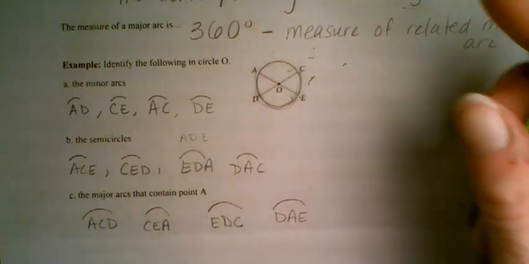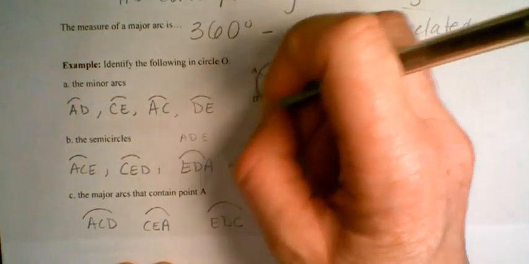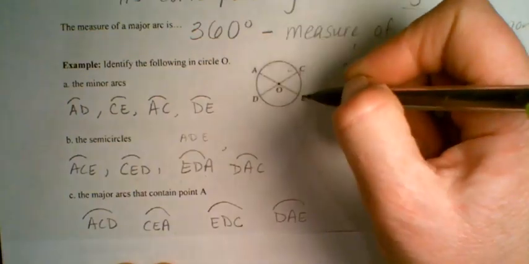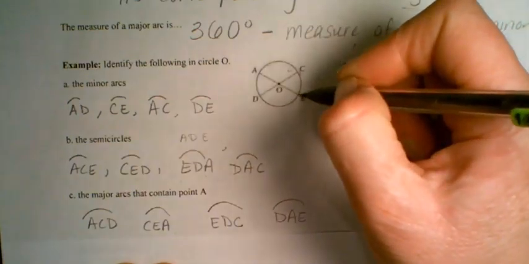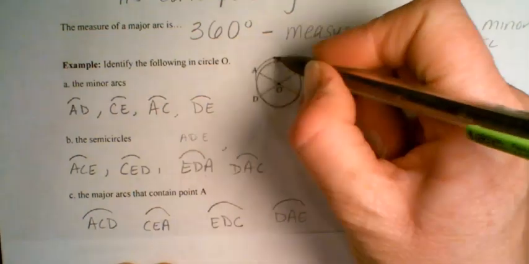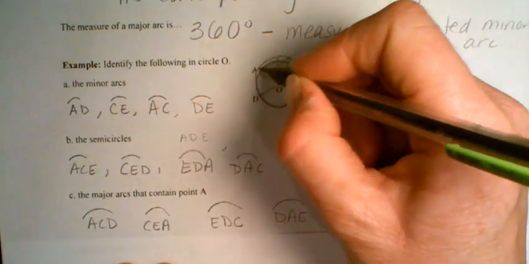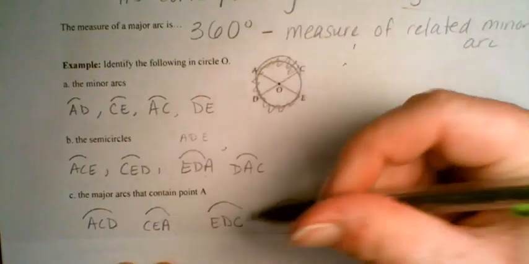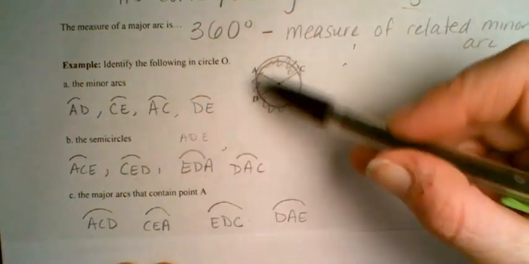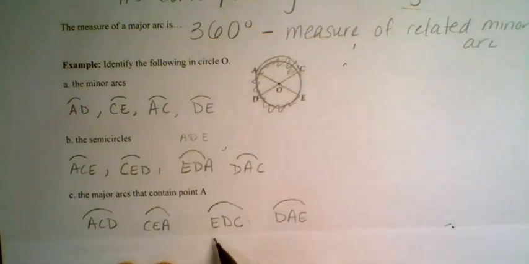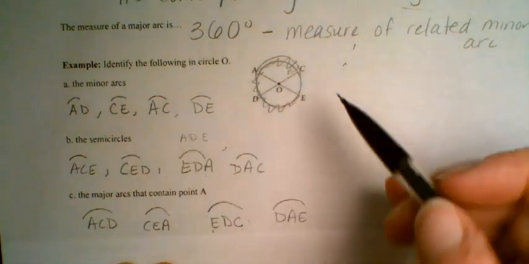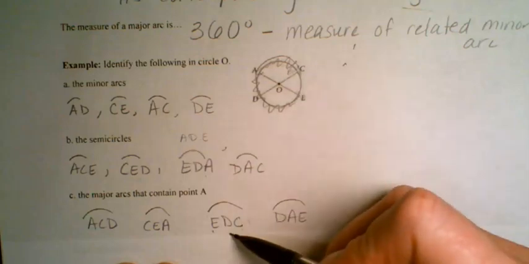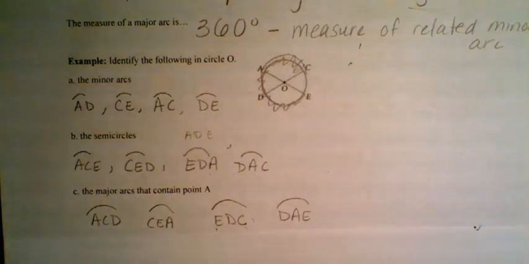Or we could do EDAC. So it's all of this, and that would be noted by this here. Your first and last letter are your starting point and your ending point, and the middle letter is something in between.